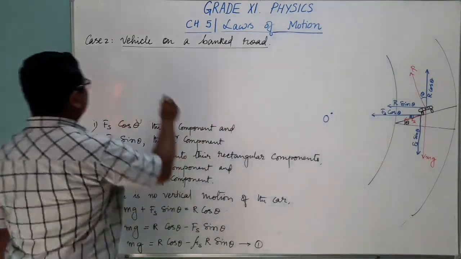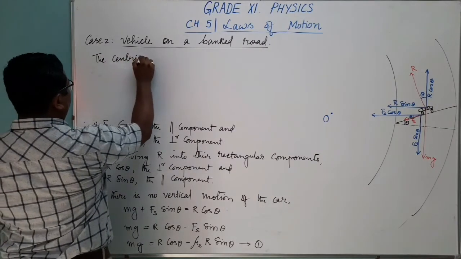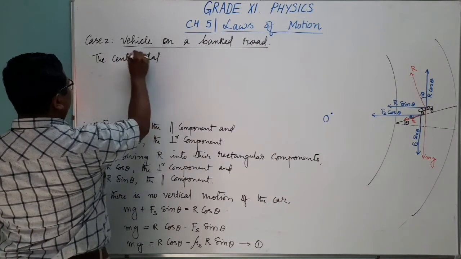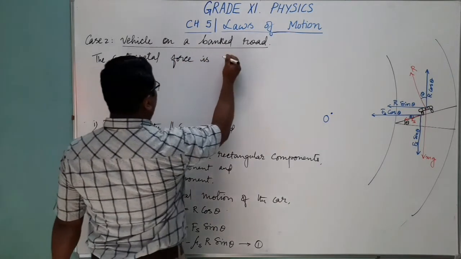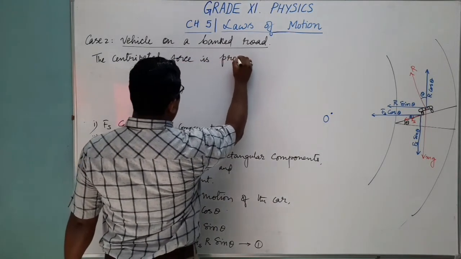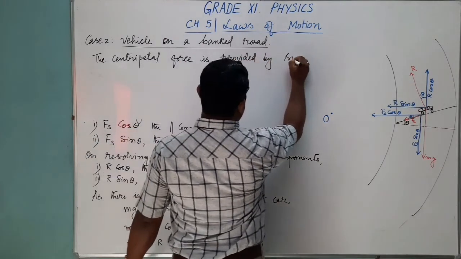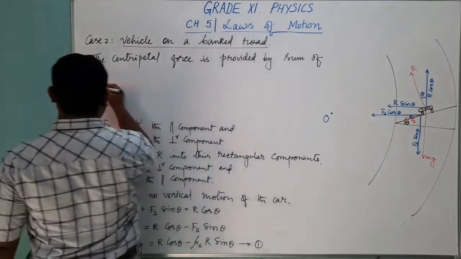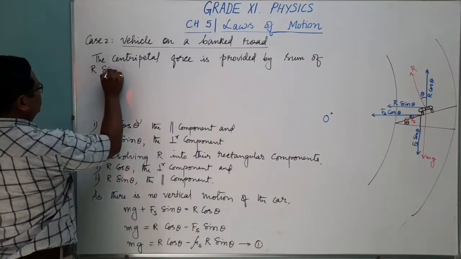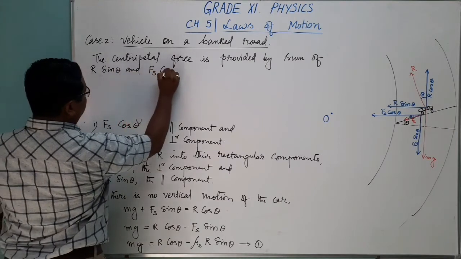The centripetal force is provided by the sum of R sin theta and Fs cos theta.